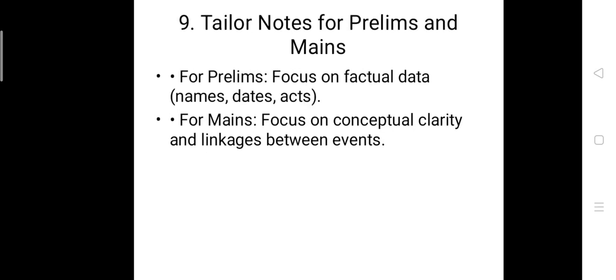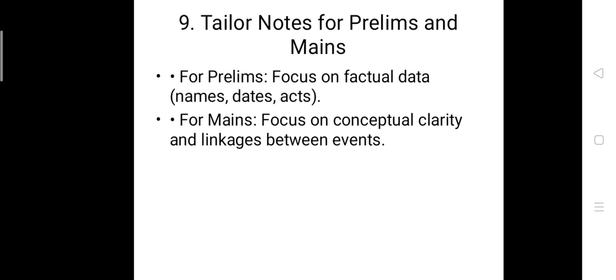Next, tailor notes for prelims and mains. For prelims, focus on factual data, names, dates, and acts. For mains, focus on conceptual clarity and linkage between events. If you are going to attempt prelims questions, you need factual data, dates, and facts.